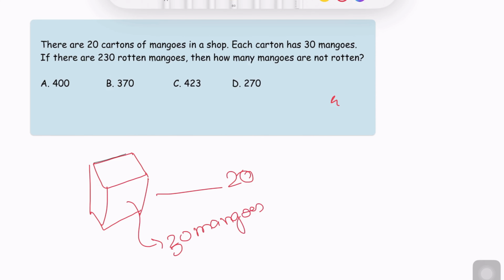Okay, so in this question, first we need to calculate the number of mangoes, then we need to subtract 230 mangoes because they are rotten, and the question is asking for mangoes which are not rotten.